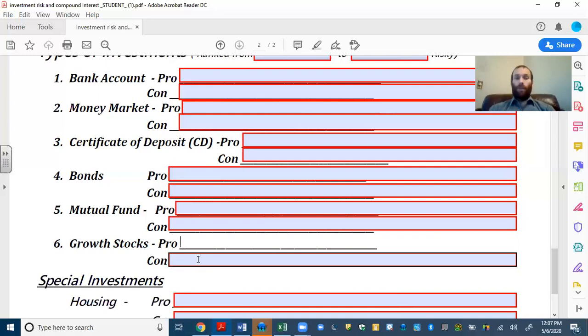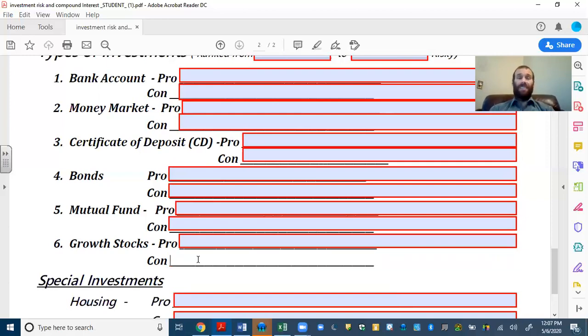However, the con that goes along with it is that these stocks tend to also lose money quickly too. There's very high risk that you can buy a stock and it takes off, but there's also another stock just tanking at the same time and you can lose a lot of money. So it's high rate of return, but high risk.